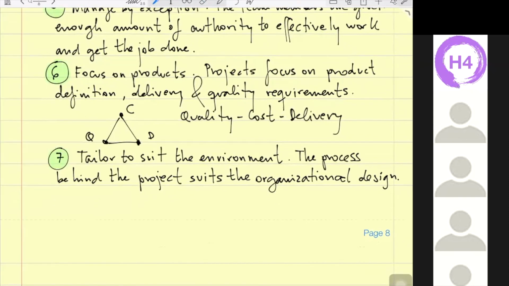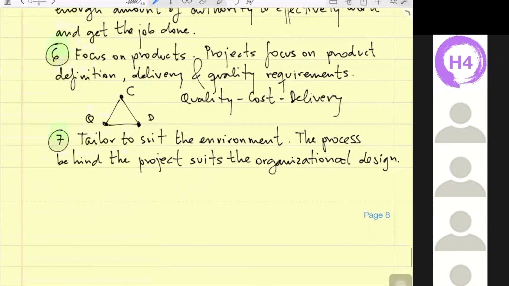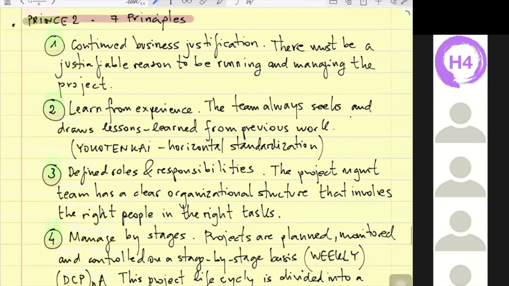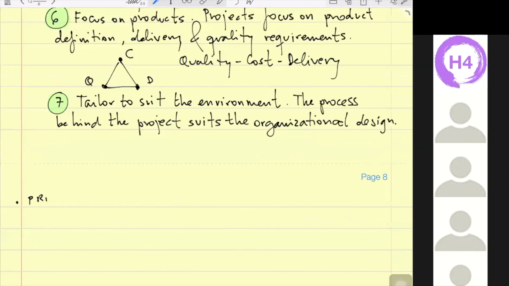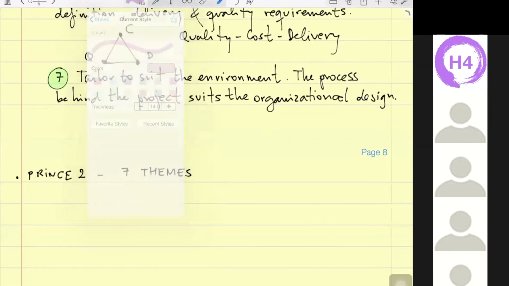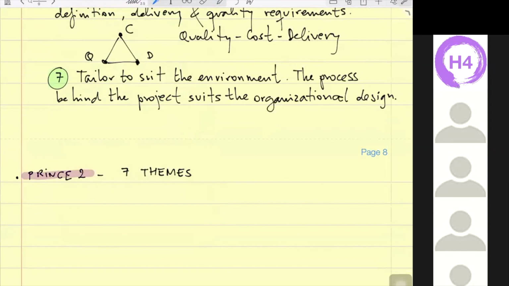Any questions? Okay, so now we talked about the 7 principles, and now we talk about the 7 themes. So number 1, business case.